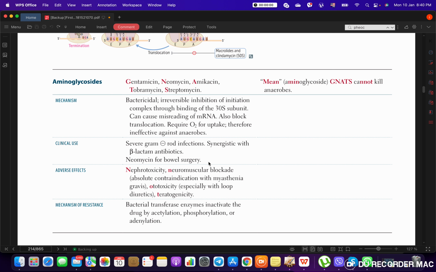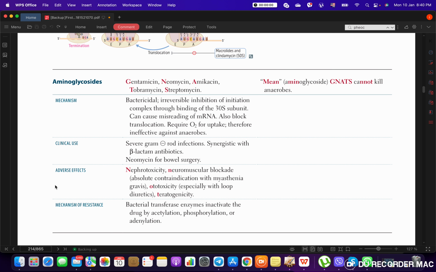Okay, so we used to use it for Entamoeba histolytica, and it used to work only inside of the intestine.